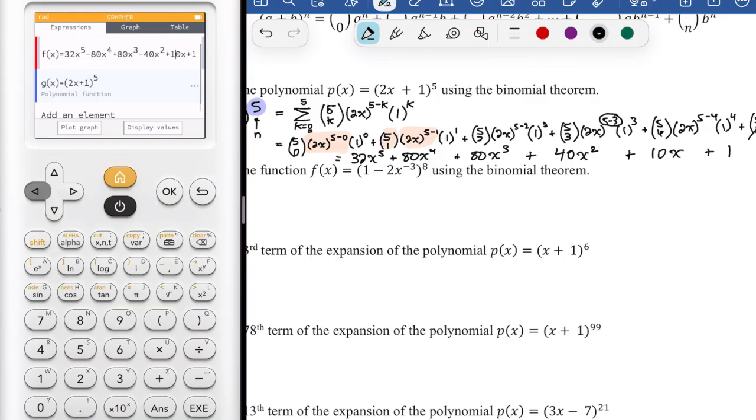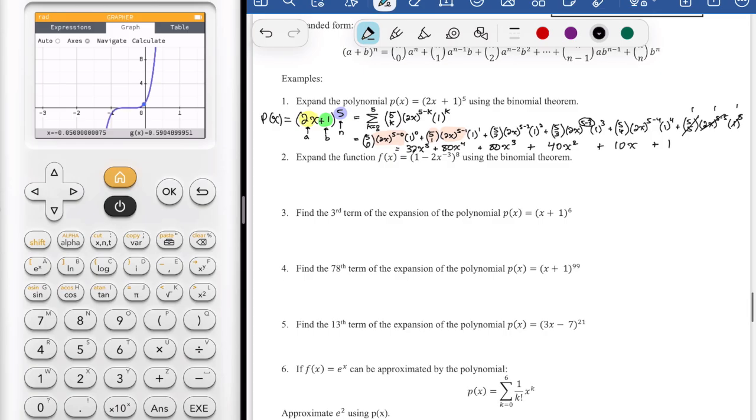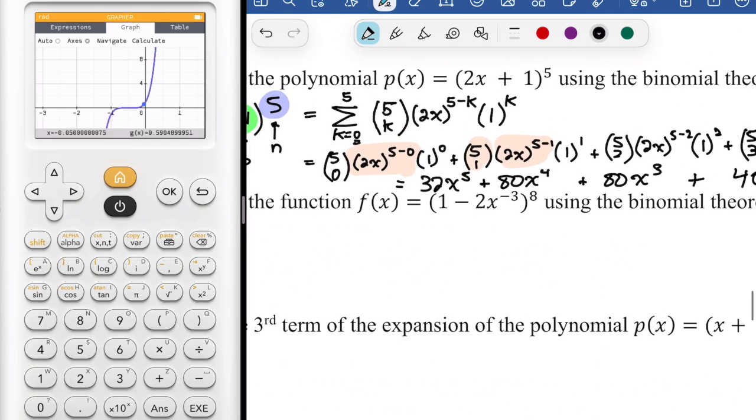Okay, I'll just change my signs here. But it should be the same thing, roughly, or close. And just a quick check. When you graph them, if they end up giving you the same function, then you know you did it right. And so that would be my p of x. All right, so p of x is equal to that expansion.